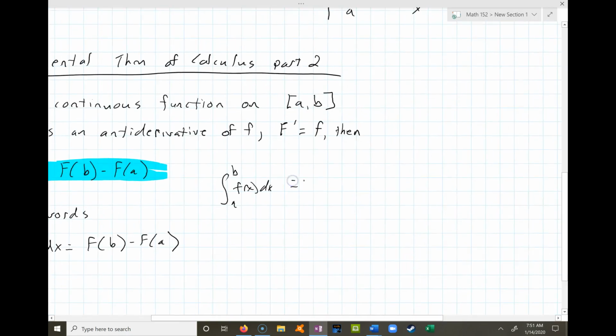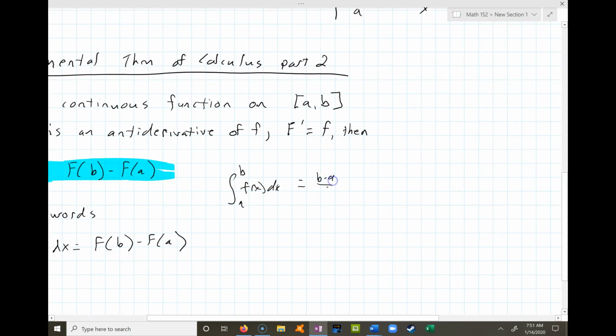We could say, let's do b minus a over 4, and multiply that by f of 0 plus f of b minus a over 4 plus f of 2 times b minus a over 4, etc.